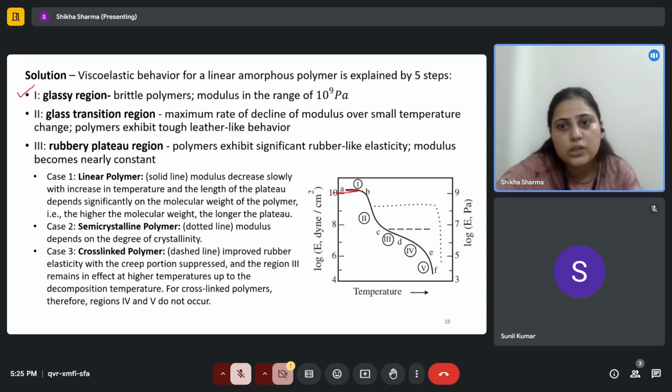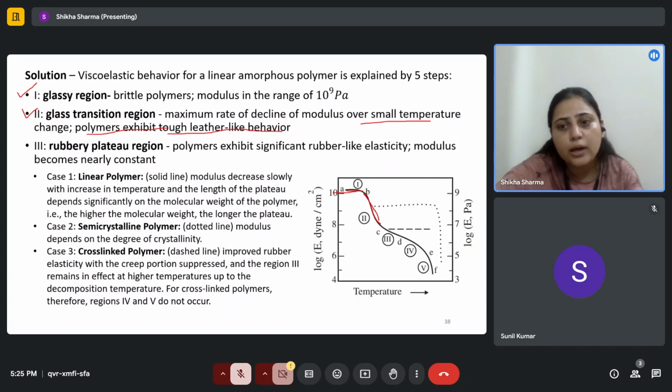In the second region, B to C, as we further increase the temperature, we get this kind of curve. Here there is a maximum rate of decline of the modulus over a small temperature range. If we change the temperature a little bit, the modulus decreases rapidly, and the polymer will show tough, leather-like behavior.